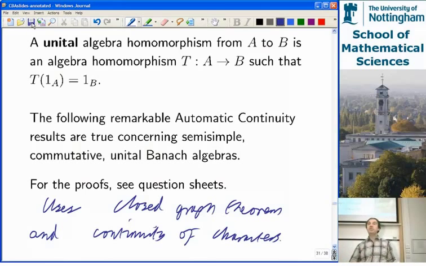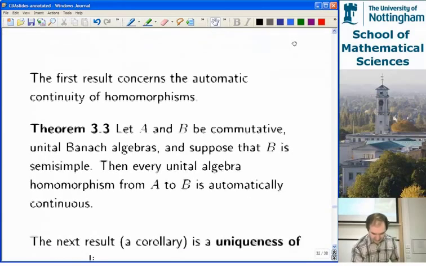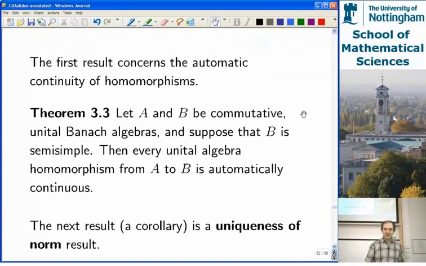And this is a boosted up automatic continuity result. We already have a special case of this that says that characters are always continuous. And now, Theorem 3.3 says that every unital algebra homomorphism from a commutative unital Banach algebra into a semi-simple commutative Banach algebra is automatically continuous.